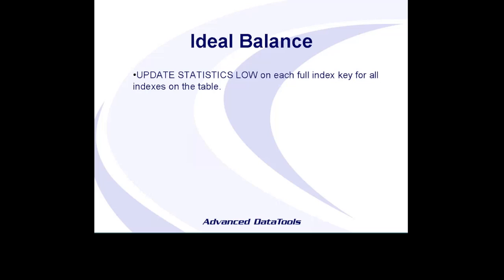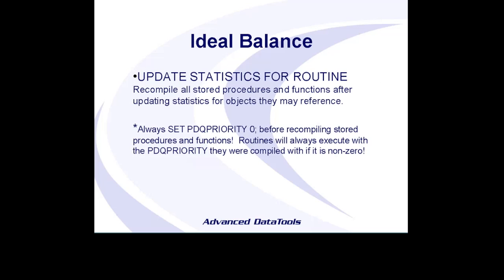You also need to update statistics for all of your routines, all your stored procedures and stored functions, after you run update statistics on the tables that they reference, so that the stored procedures are recompiled and pick up a new query plan based on the new data distributions that you've just calculated.